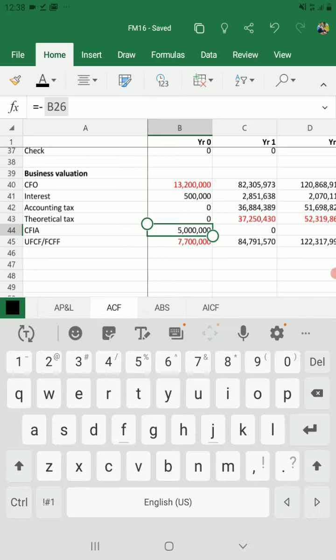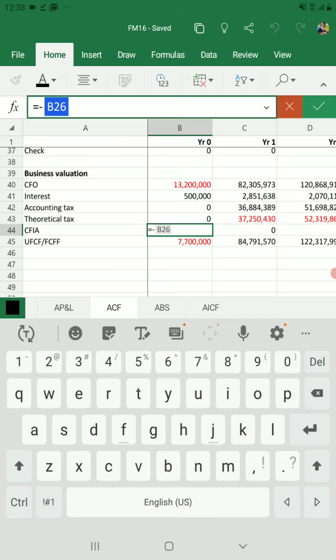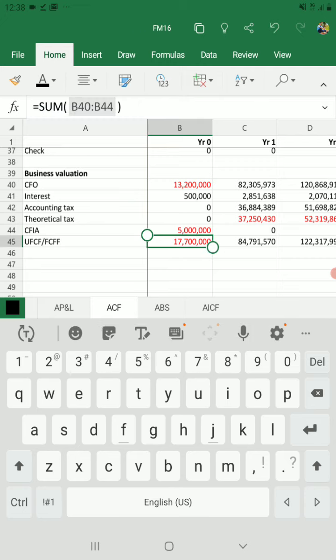Okay, here I started with negative numbers. It's not okay. It should be a positive number, because we remove the investing activity component, so we should not start with negative here, and instead it should be positive.